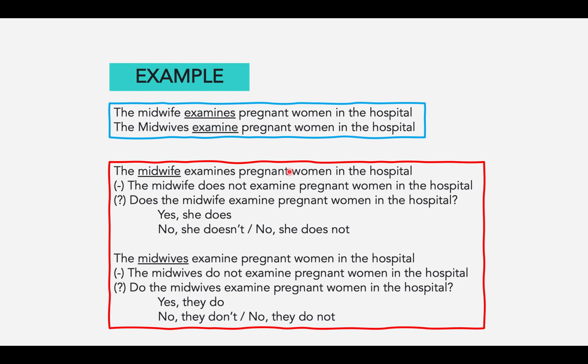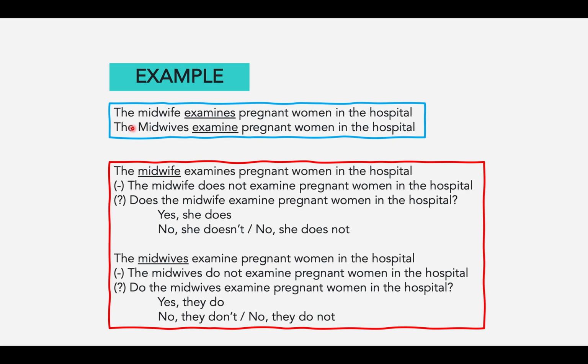And then here is the example. We will try to identify when we use verb with s and when we use verb without s. Look here, when the subject is single, this is midwife, so only one midwife, you have to use s in the verb.